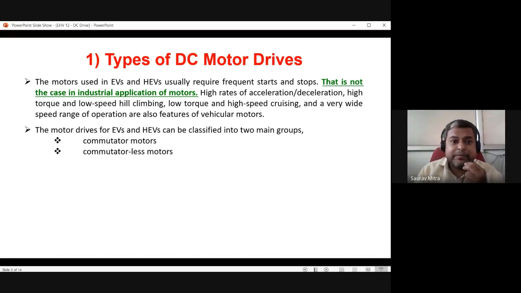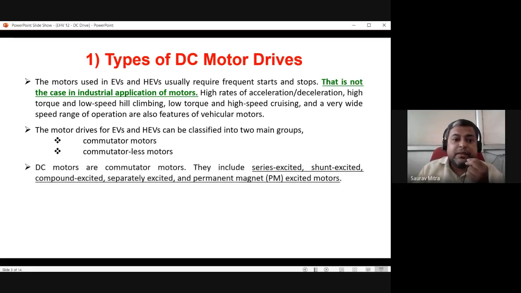That is a problem. So motor drives in EV and HEV are mainly of two types. One is the commutator motor, that is the DC motors, and one is the commutator-less motor, which includes induction motors. DC motors are commutator motors. They include series excited, that means series DC motor, shunt DC motor, compound DC motor, separately excited DC motor, and self-excited DC motor. There are mainly two supplies required in a DC motor, one at the armature and one at the field.